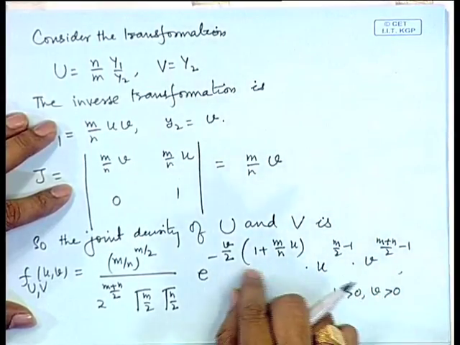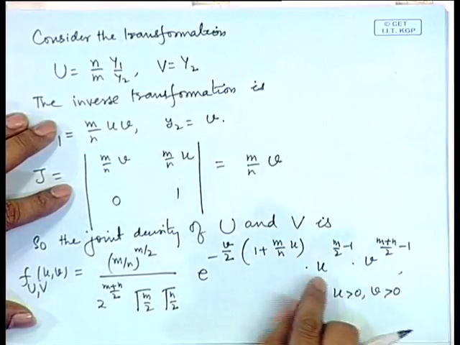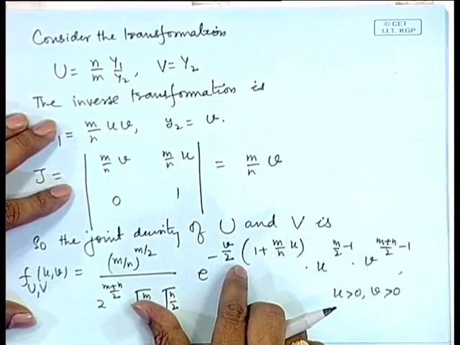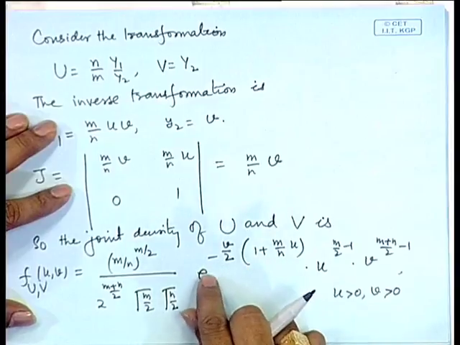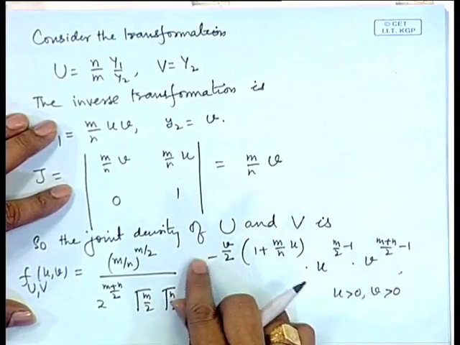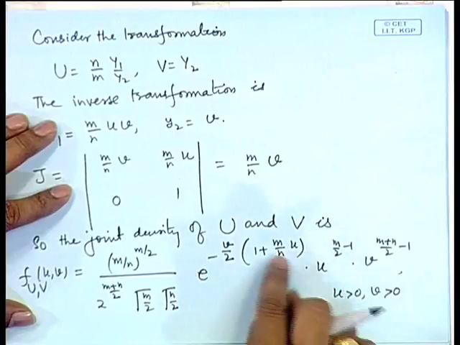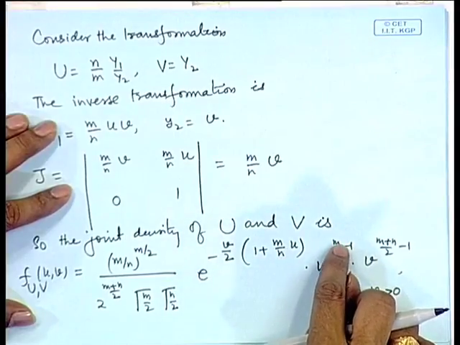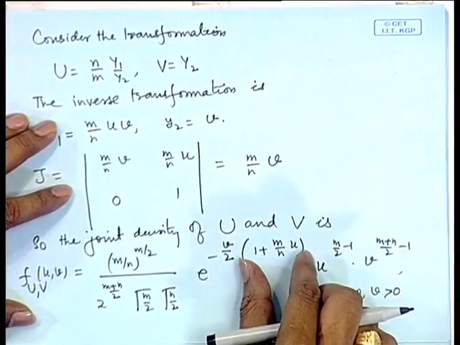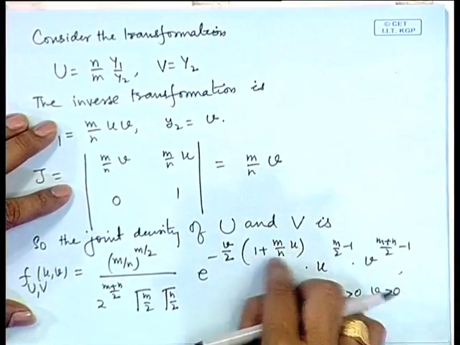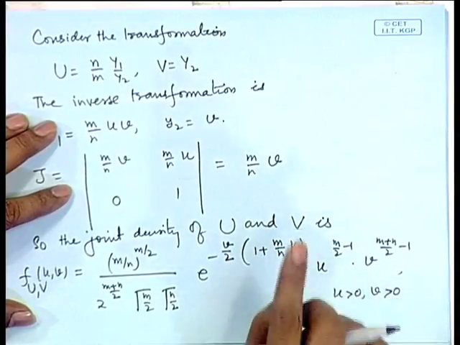So, we can integrate with respect to v from 0 to infinity to get the desired density of the F random variable. If we observe, the integral with respect to v is nothing but a gamma function, where the order is m plus n by 2 and the coefficient is half into 1 plus m by n u.